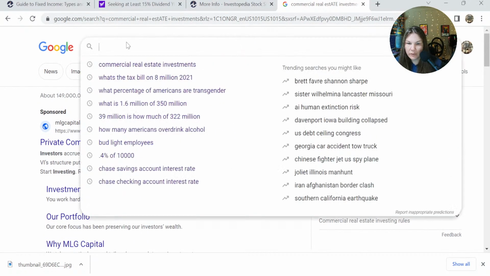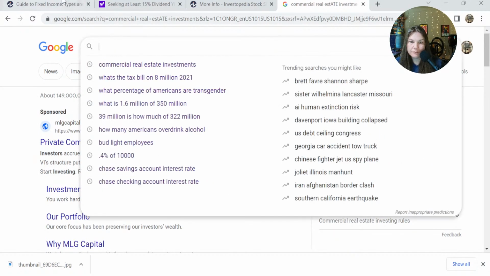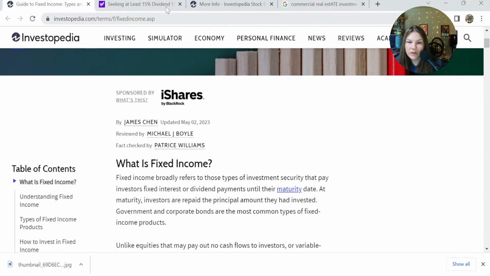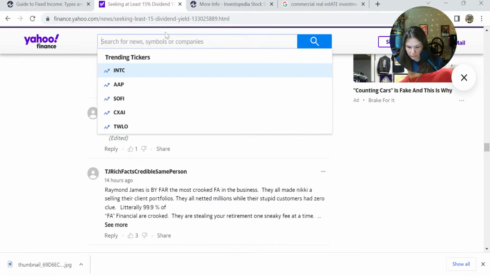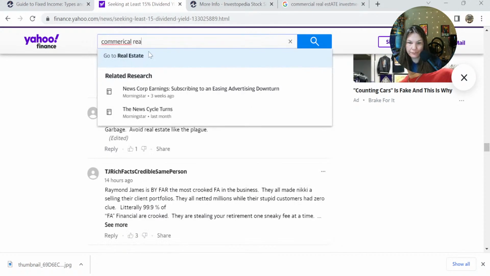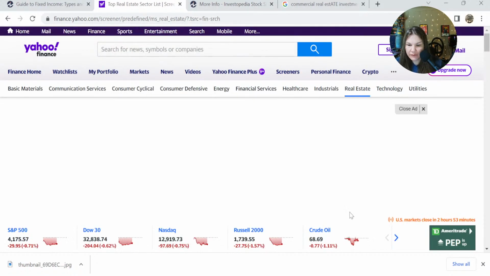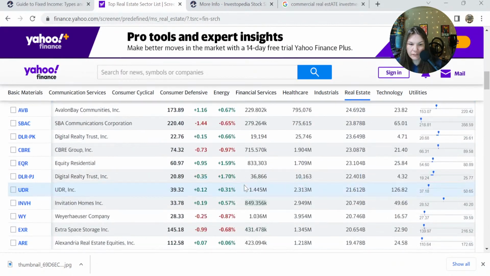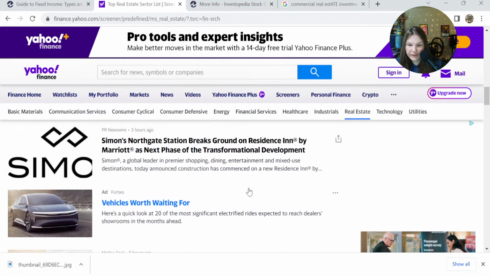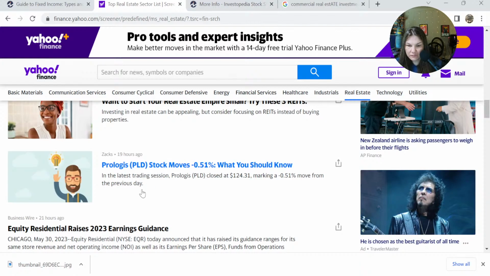What do we put? What we'll look at is real estate. What do they have on real estate on here? Vehicles worth waiting for. Start your real estate empire small. I don't know, man.